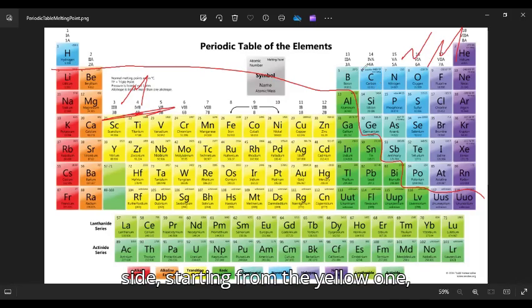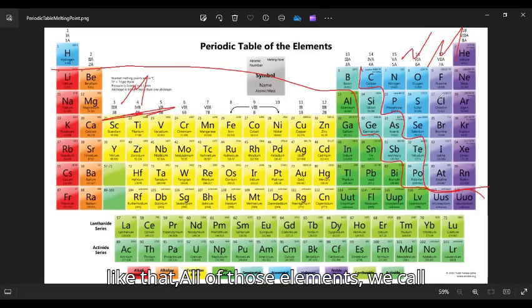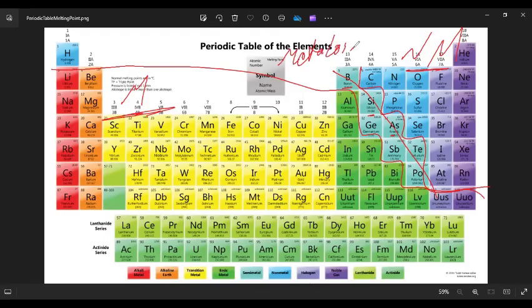On the right side, starting from the yellow one, all of those elements we call the non-metals. Between them, we have boron, silicon, arsenic, and so forth. We call them the metalloids. So we have metals, non-metals, and between them, metalloids.